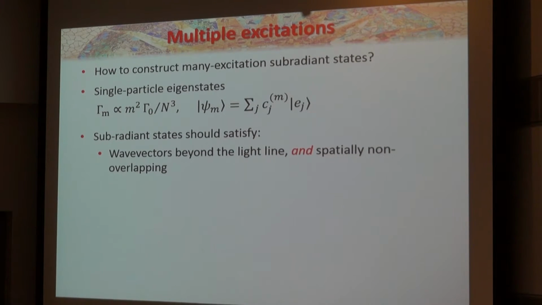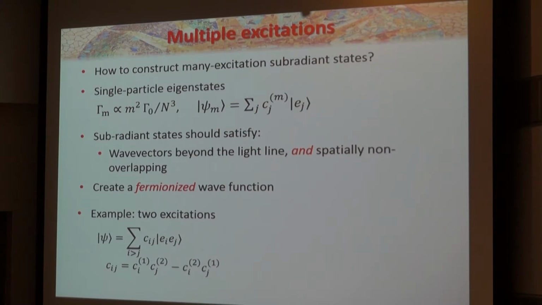The most subradiant single particle eigenstates already give you that. But I really want these excitations to also be spatially non-overlapping. That's what prevents these kinks in the wave function, which have all these wave vector components. Maybe one piece of intuition is, if you put these two together, I should create a Fermionized wave function. Let's try to build Pauli exclusion into the many-body eigenstates. Then they're guaranteed to be spatially separated.